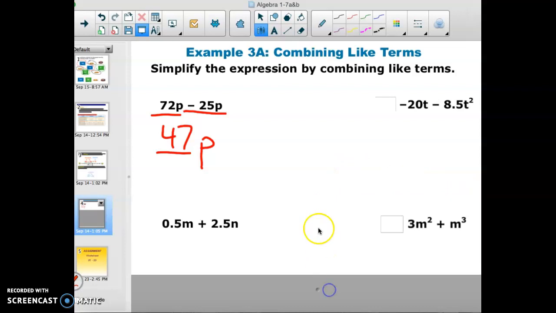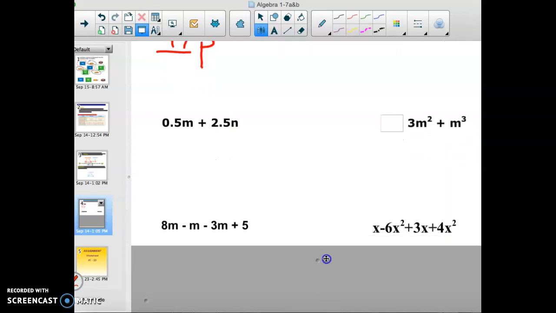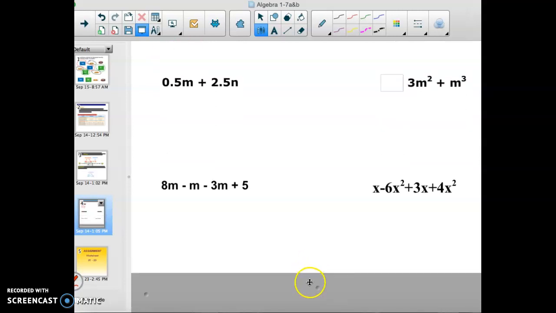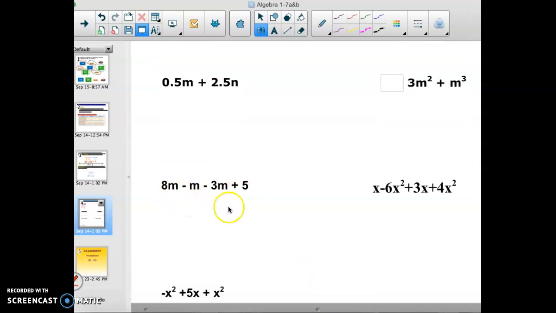Okay? Pencil and paper again. Let's take a look at these bottom ones down here, please. I want you to focus on this one and this one. Let's start with the first one over here, the 8m minus m minus 3m plus 5.